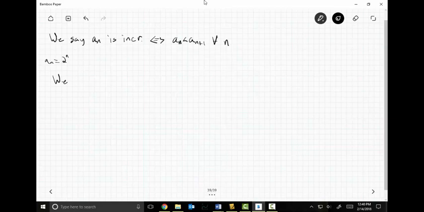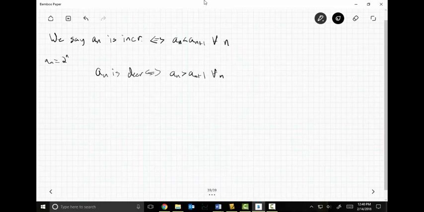I'm not going to rewrite that. A sub n is decreasing if and only if a sub n is greater than a sub n plus 1 for every n. It makes sense. What's an easy way to prove that a sequence is increasing or decreasing? If only there was some marriage between sequences and functions.